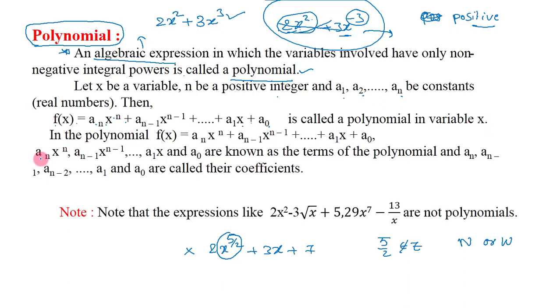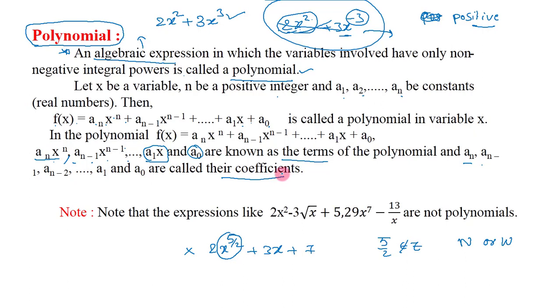Here these are called terms. That means an x to the power of n is one term, an minus 1 into x to the power of n minus 1 is another term. Likewise a1x and a0 are called terms of the polynomial, and here an, an minus 1, an minus 2 are called numerical coefficients.